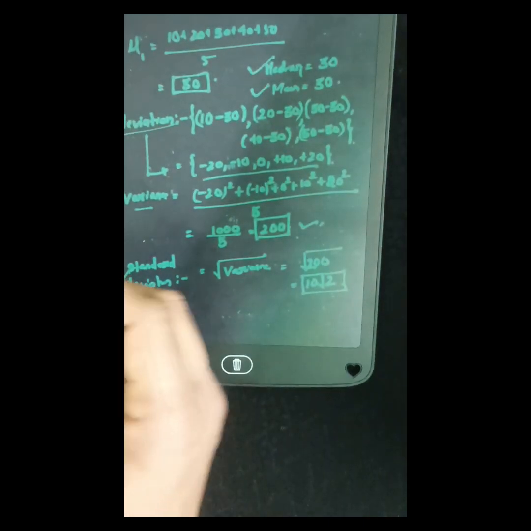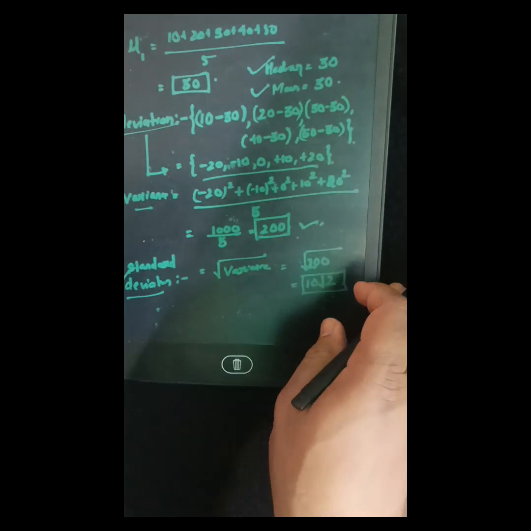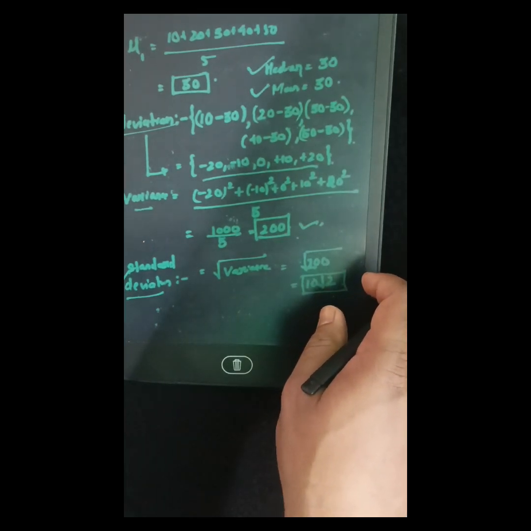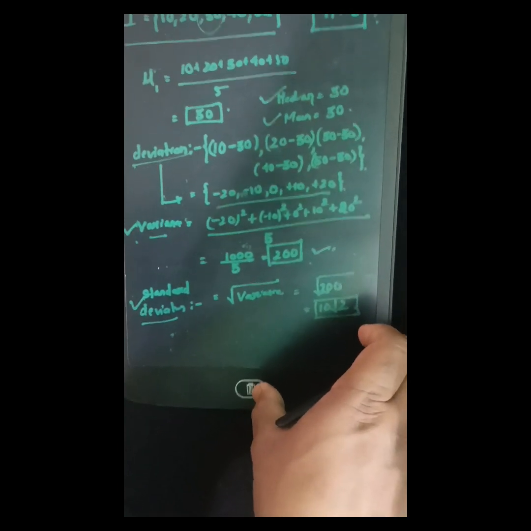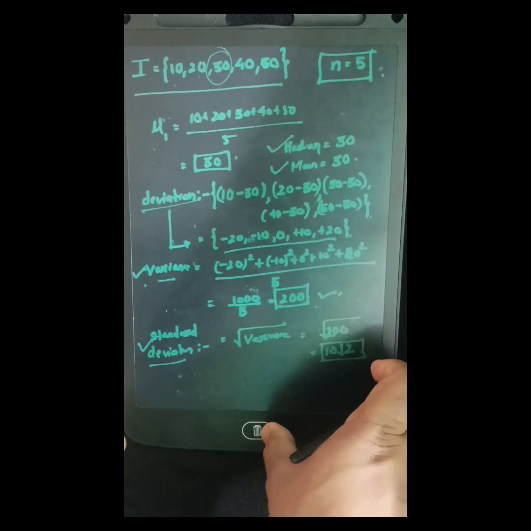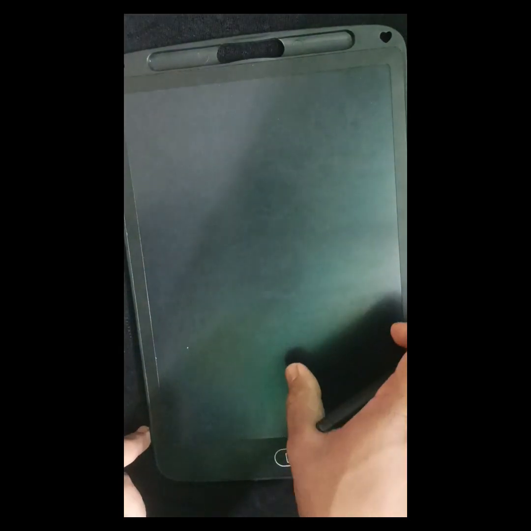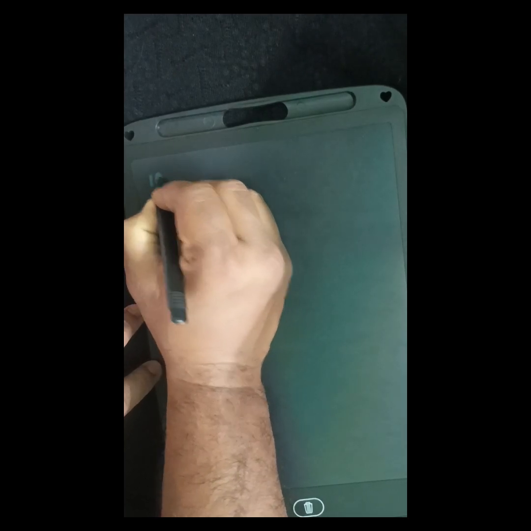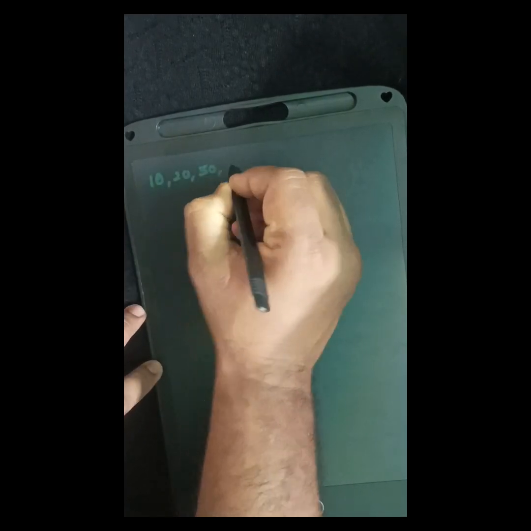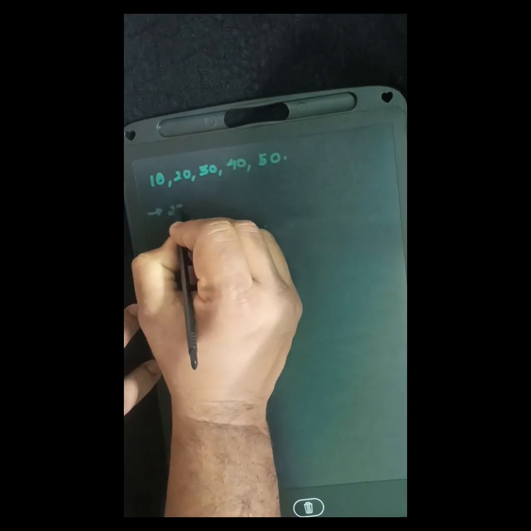And now let's start with the next one. I am just removing this, and you can take a screenshot. Let's rewrite the data set: 10, 20, 30, 40, 50. Now let's calculate the 25th percentile.